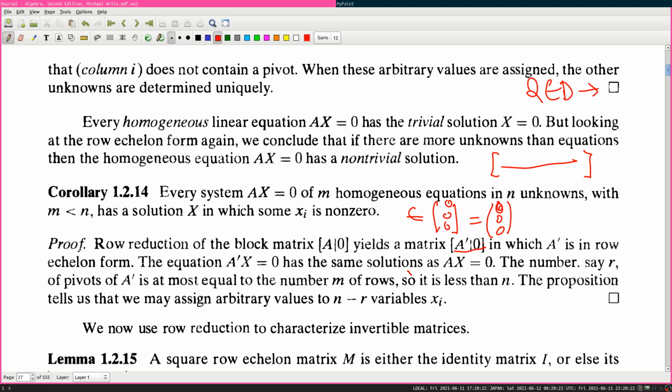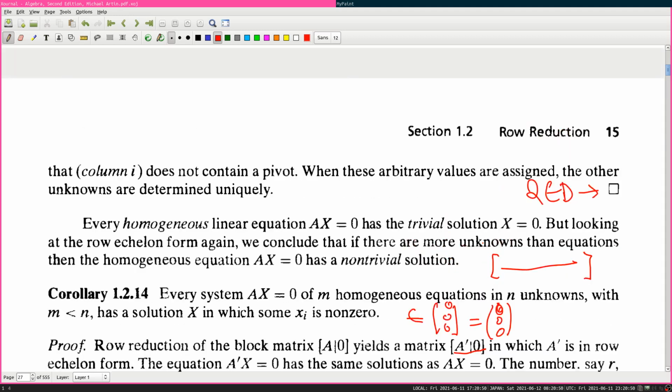The number of pivots in A, right, there's at most one pivot per row. There's more columns than rows. And so obviously, there are going to be fewer pivots than there are columns because there are more columns than rows, and at most one pivot per row. And the proposition says, what proposition?